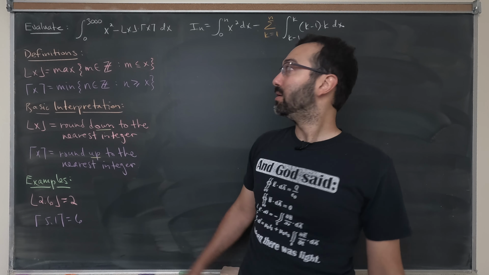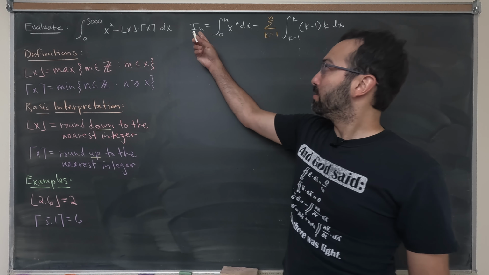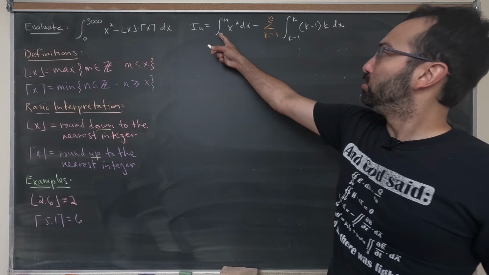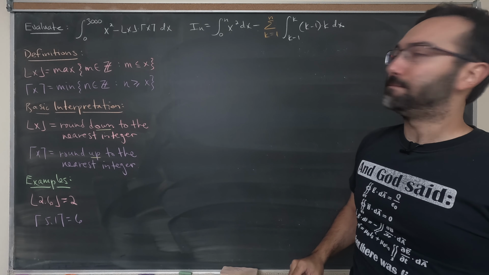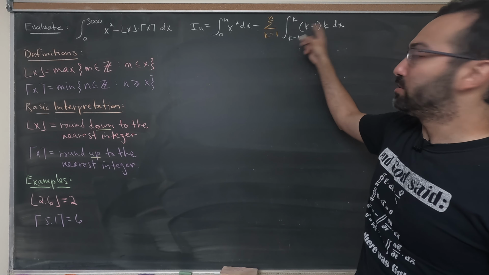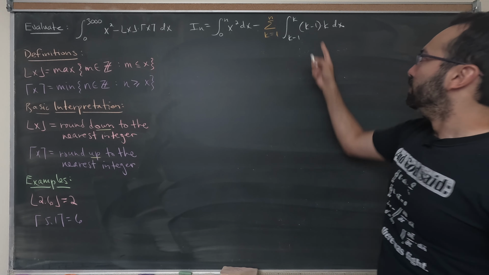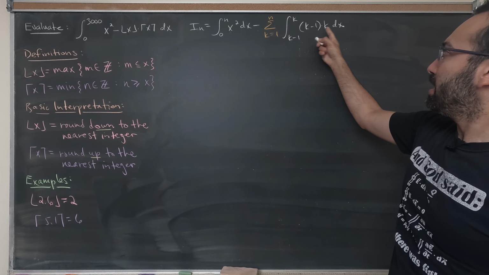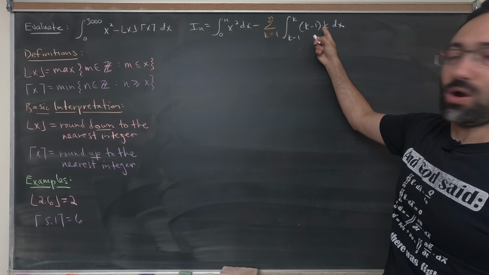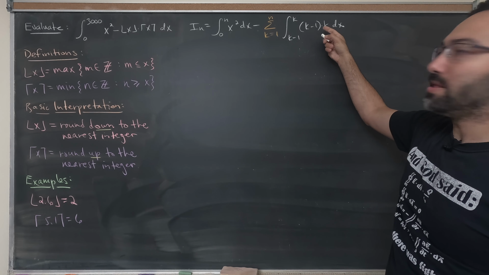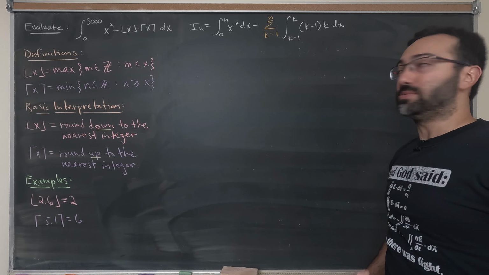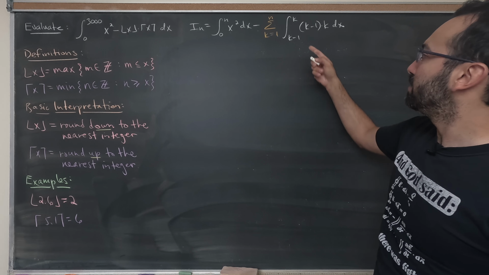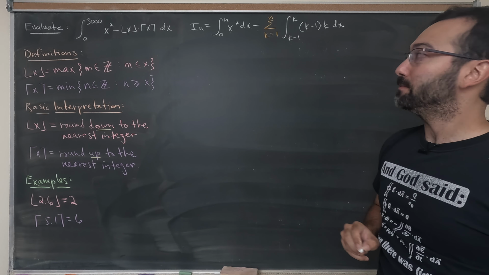Okay, so we're back. We left off here with our integral I sub n being equal to this here minus this sum of those integrals there. Well, this integration is quite straightforward. K minus 1 times k is just really a constant term. So integrating this will just give us k minus 1 times k times x, and we'll evaluate it from k minus 1 to k.